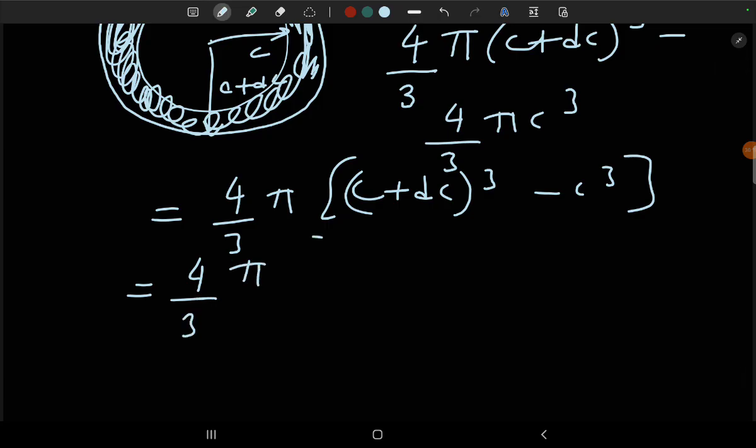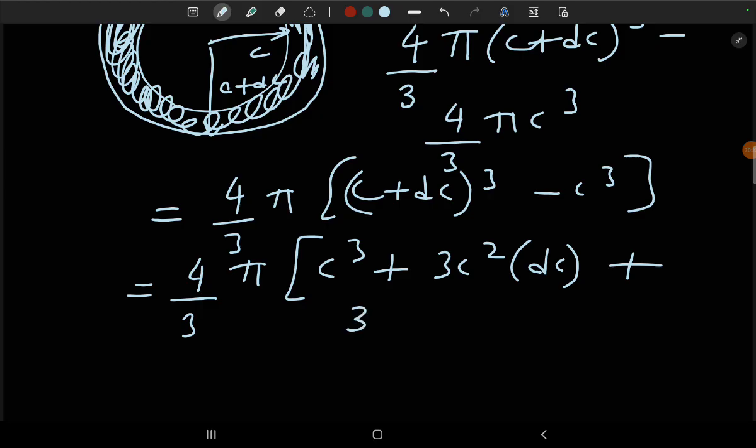We are finding the volume of the shell, so this should be c cubed plus 3c squared dc plus 3c dc squared, sorry, and dc cubed, minus c cubed.